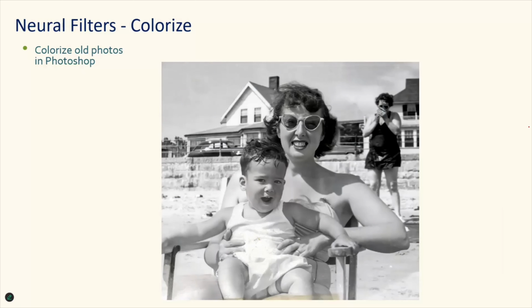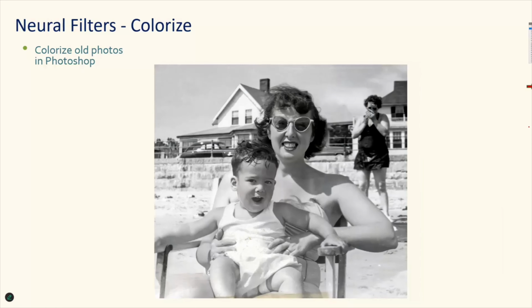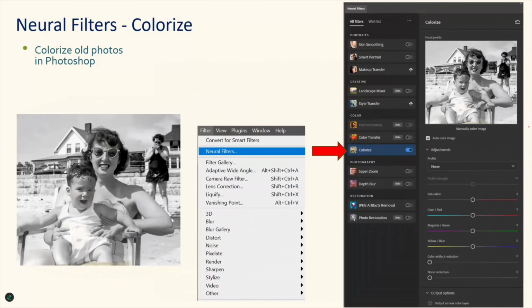So here's an image. If you don't recognize that baby, it's me. And that's my mother. And this was taken many, many years ago on Old Orchard Beach in Maine. And basically, I only have a black and white image. There was no color photography back then. So I went into neural filters and I chose colorize, and you basically just turn on the little switch.